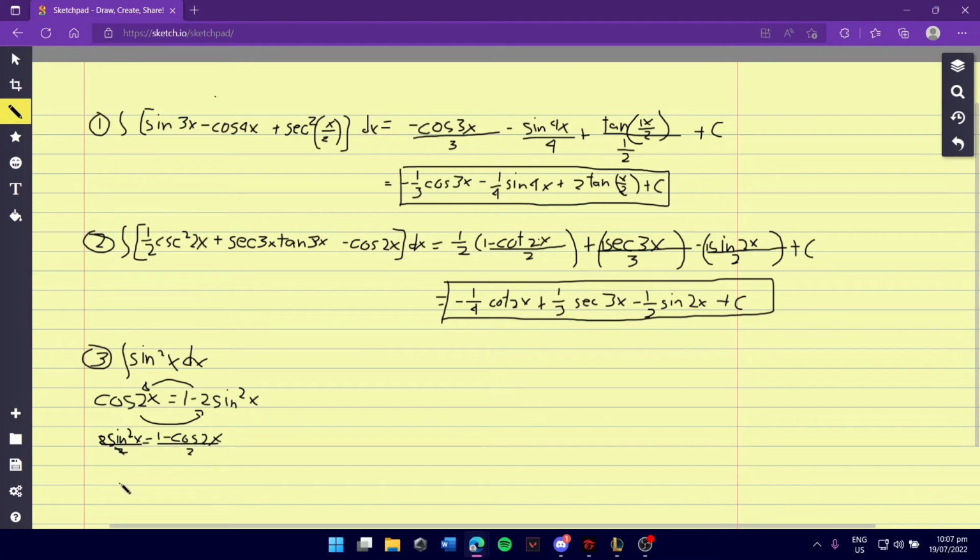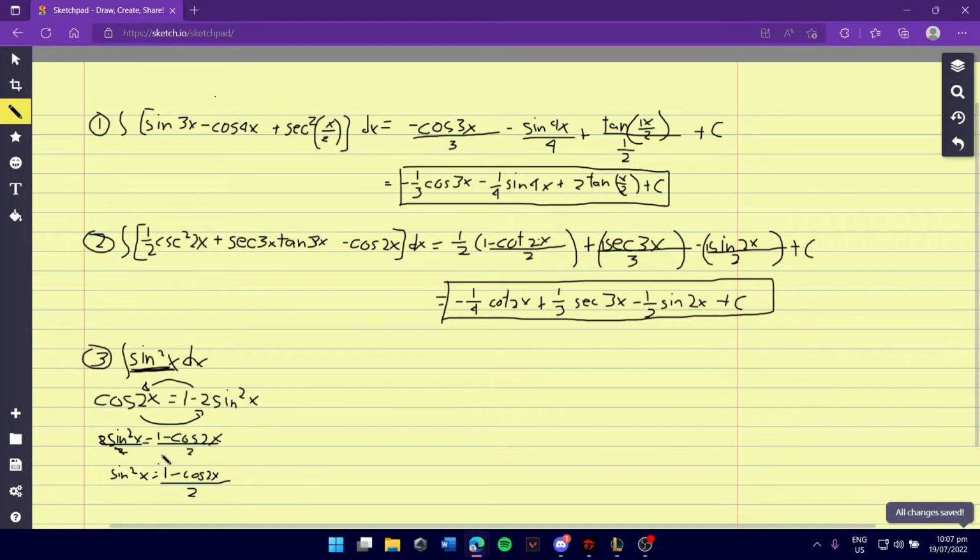So sine squared x is equal to 1 minus cosine 2x over 2.